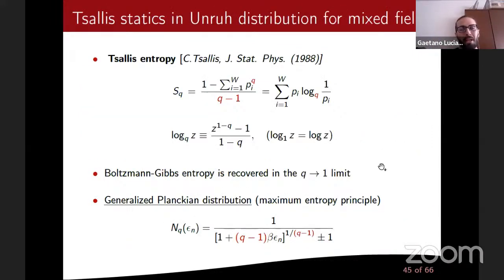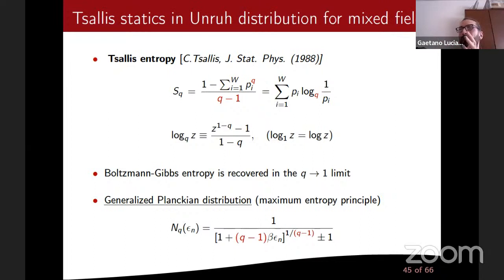In a recent paper, we show that this departure from the standard Boltzmann-Gibbs statistics can be interpreted in terms of Tsallis statistics. Very briefly, Tsallis statistics holds true for complex systems, systems where there are long-range interactions or long-time memory, or strongly entangled systems.